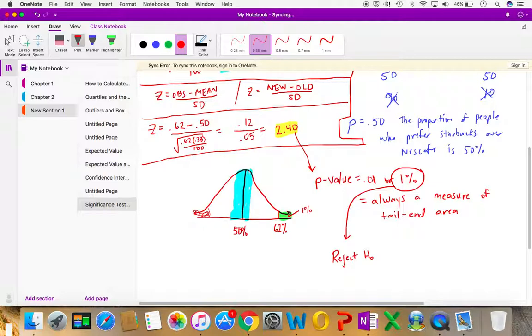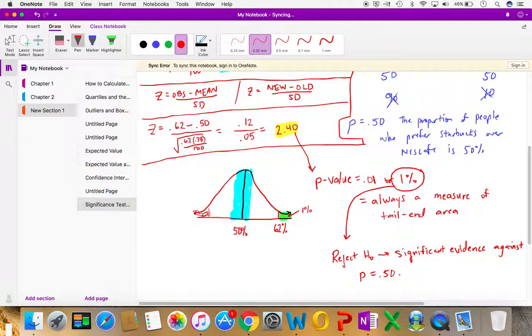I can't say for certain that the proportion is greater than 0.50, but I would say there is significant evidence against p being equal to 0.50, or significant evidence that there is a difference between the instant coffee and the Starbucks coffee. There is something going on there. More people would prefer the Starbucks coffee.